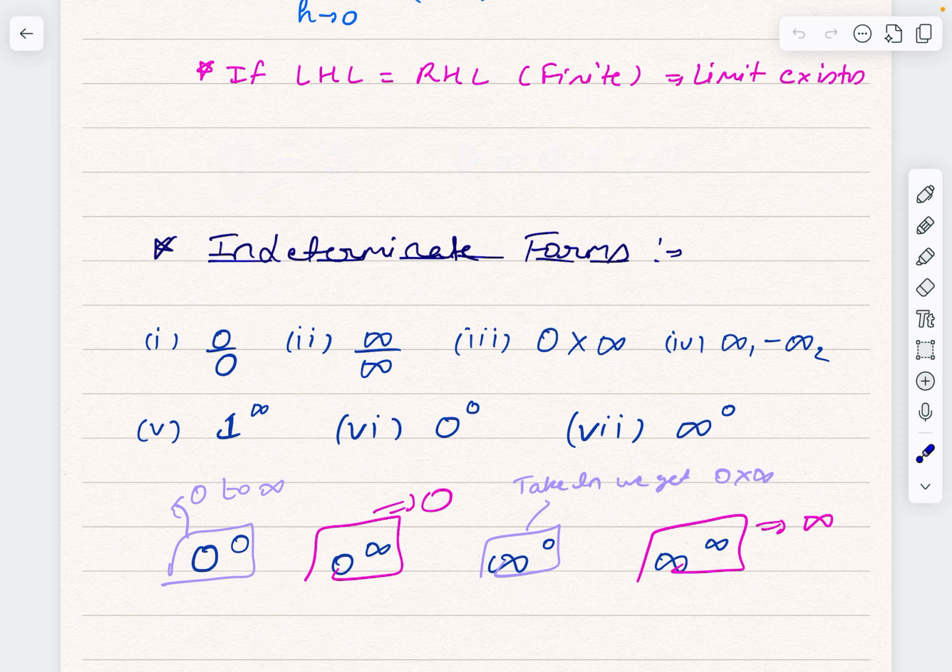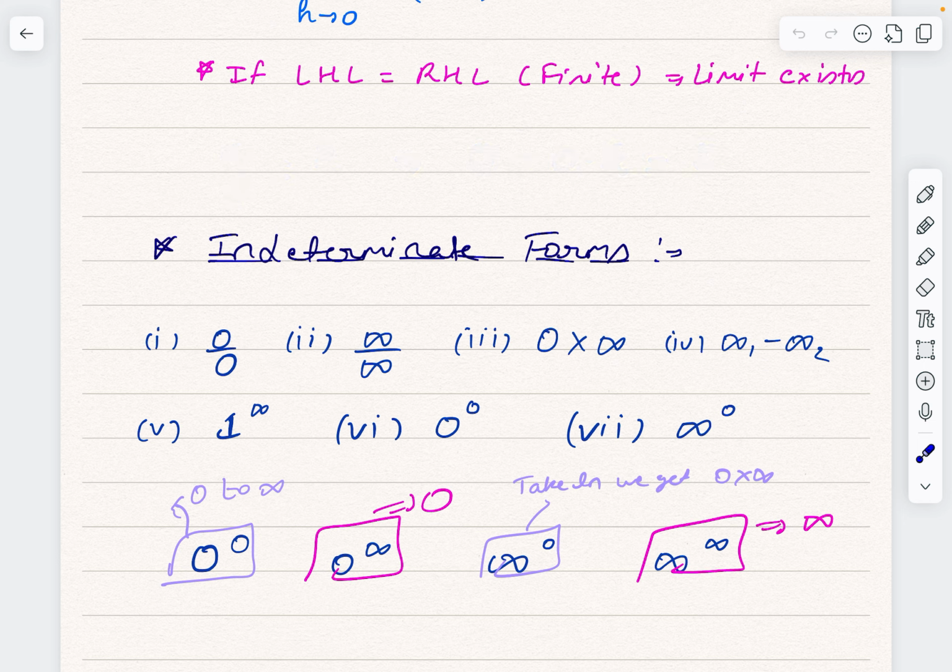But if I take 0 by 0 as 2, we cross multiply, and that will also exist. That means 0 by 0 could be 1 also, 2 also, 3 also, any number. That means its value cannot be determined. So this is an indeterminate form.